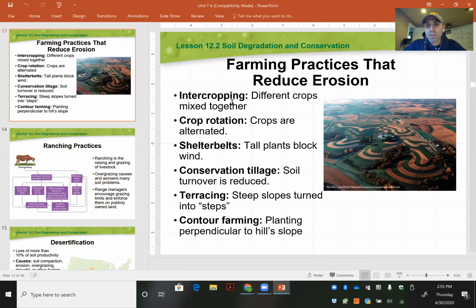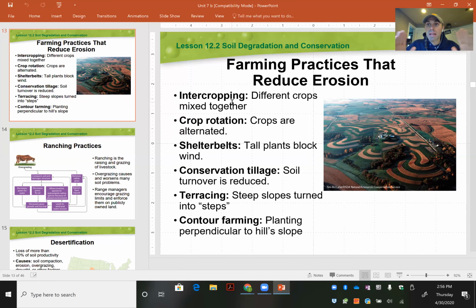Shelter belts, those are tall plants that block the wind, meaning if you ever notice how on windy days the trees will block a lot of the wind, right? It's the same practice. They'll plant taller crops like corn to shelter the more delicate crops.